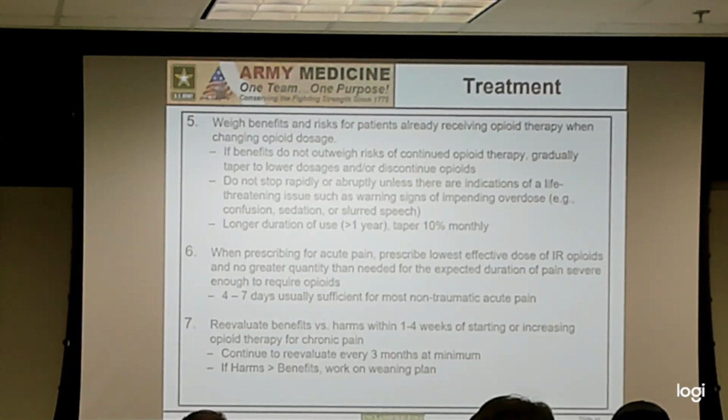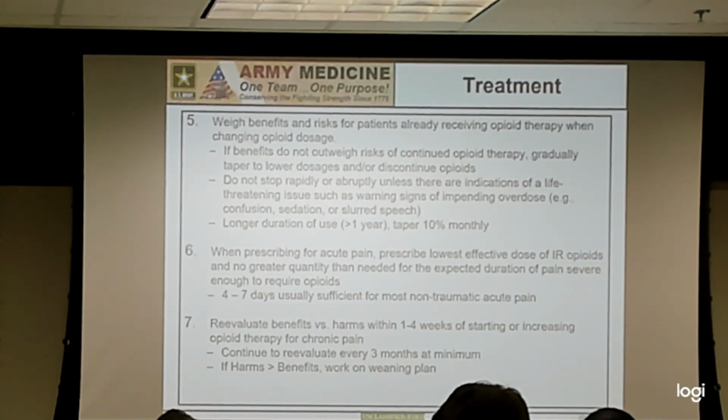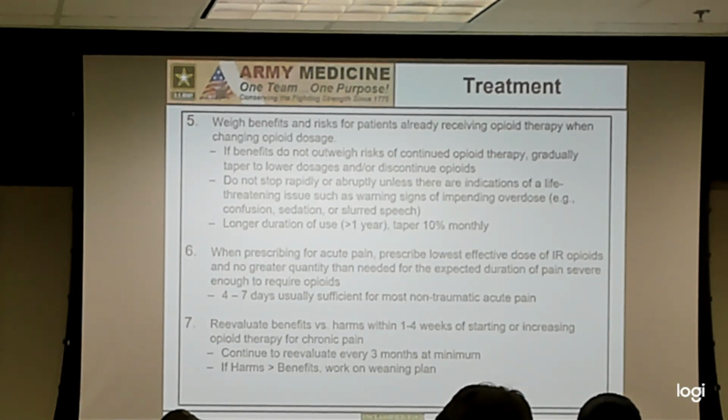We talked about when you're giving them a prescription, giving them the smallest amount that you can for the condition that they have. Typically, that's between a 4 to 7 day supply. And that's all that I needed y'all to know from that.